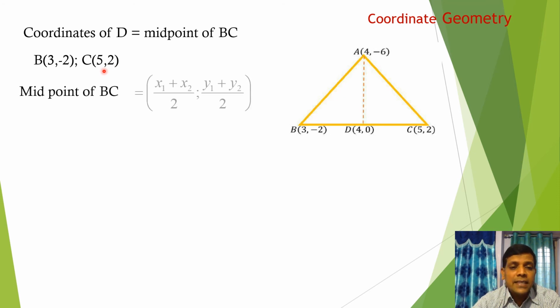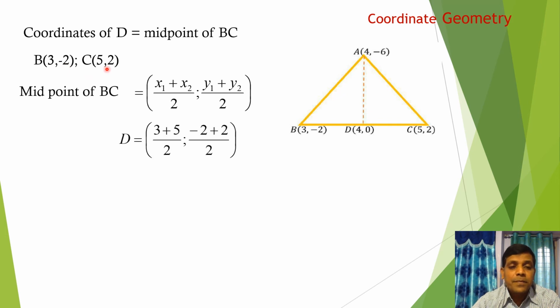Midpoint of BC is equal to (x1 plus x2) by 2, comma (y1 plus y2) by 2. Here x1 equals 3, y1 equals minus 2, x2 equals 5, y2 equals 2. So x1 plus x2 by 2 means 3 plus 5 by 2, and y1 plus y2 by 2 means minus 2 plus 2 by 2.